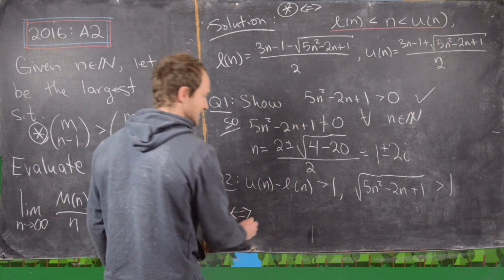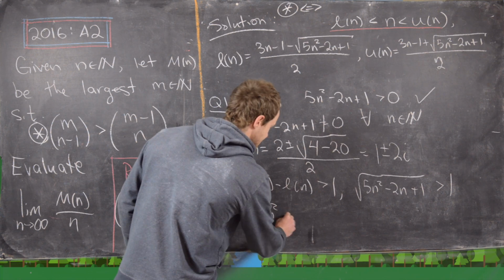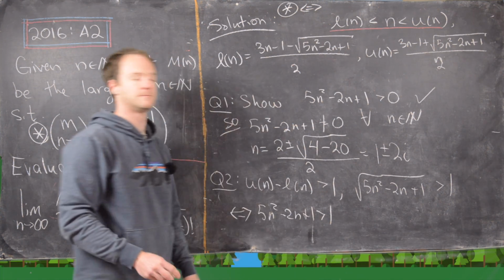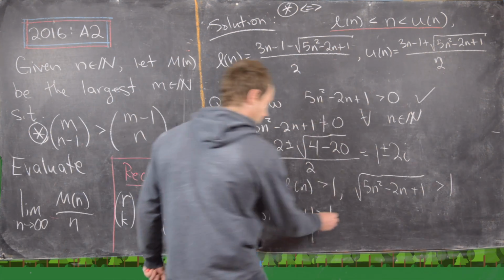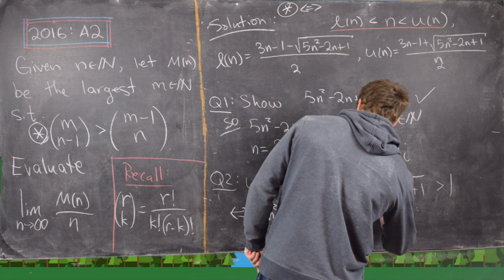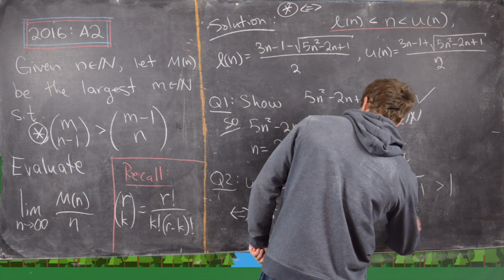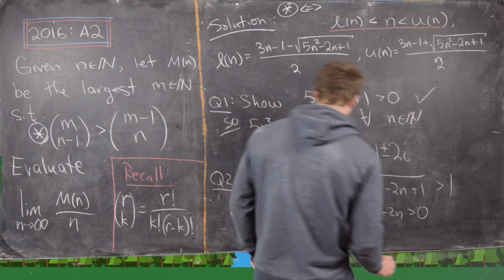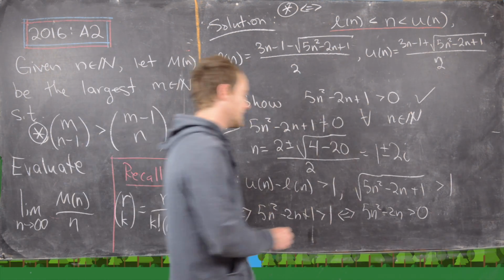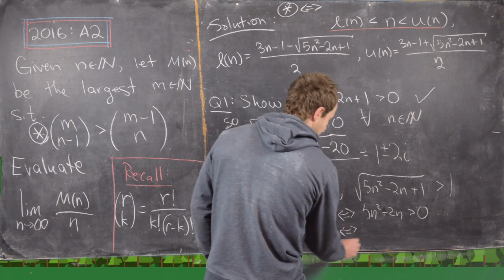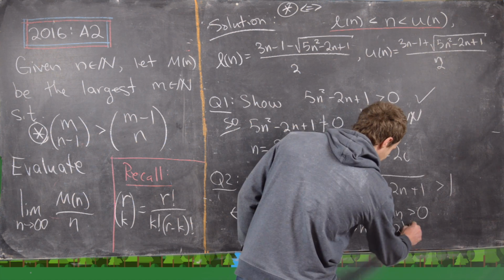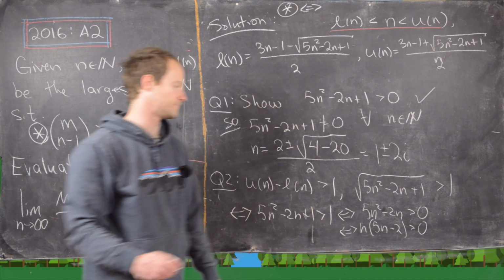That is equivalent to 5n squared minus 2n plus 1 being bigger than 1. But that is equivalent to 5n squared minus 2n being bigger than 0, since we can move 1 over. Now we can pull an n out of that, and that is the same thing as n times 5n minus 2 being bigger than 0.